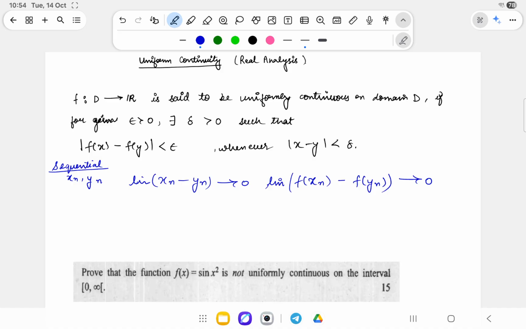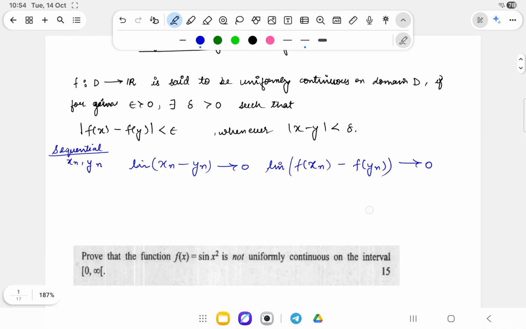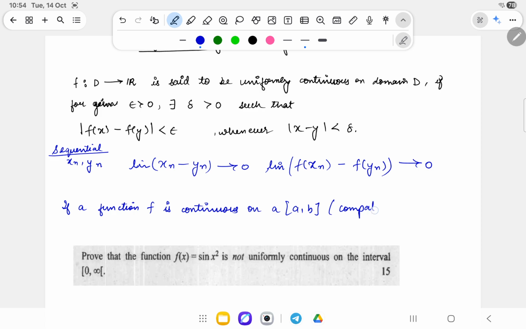Now there is another result that we'll be using, which says that if a function f is continuous on a closed interval [a, b], that is a compact set, then the function f is also uniformly continuous on the closed interval [a, b].